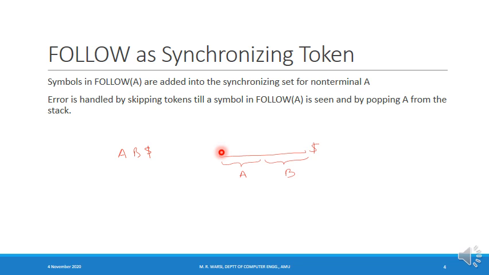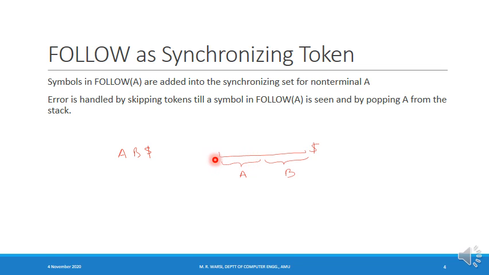This error has occurred in the string derivable from capital A. So in order to recover from the error, I will try to eliminate the erroneous part, and since the error has occurred in the string derivable from capital A, I will try to eliminate the string from the input buffer which is derivable from capital A. So this string I will try to eliminate.